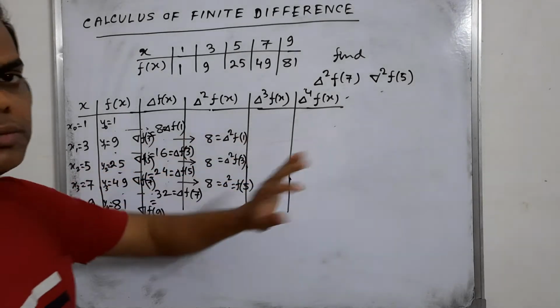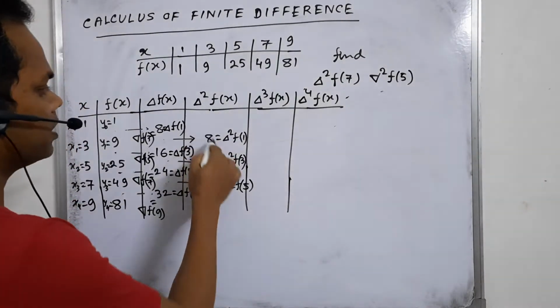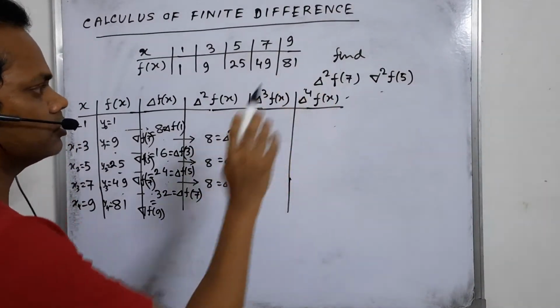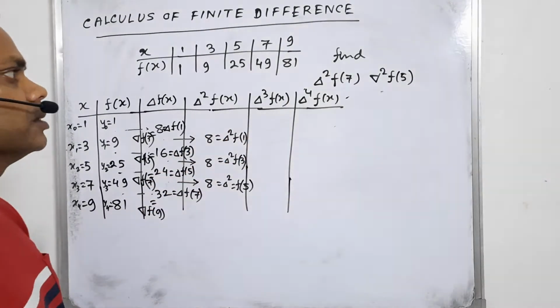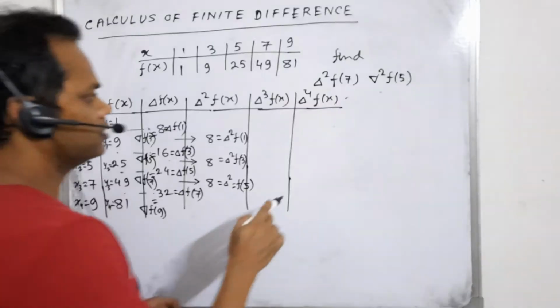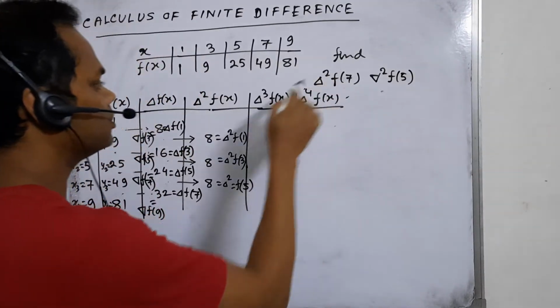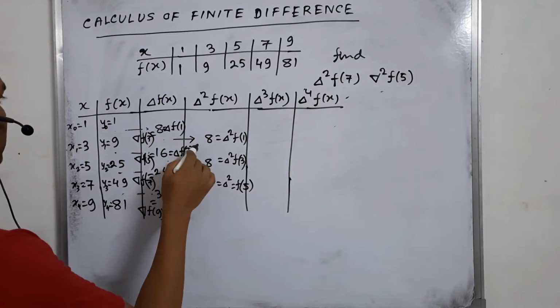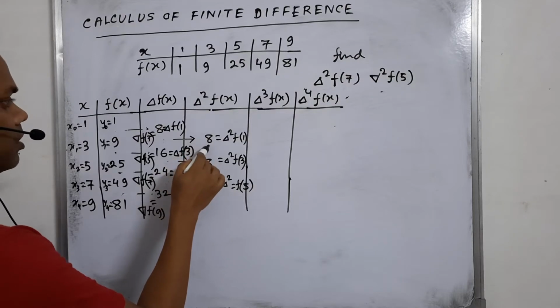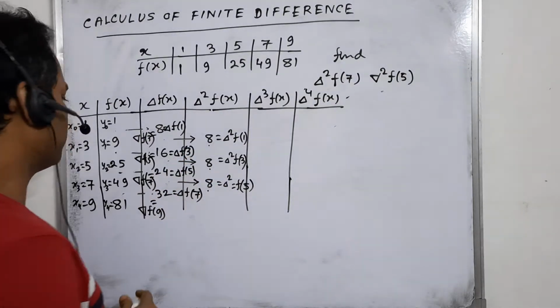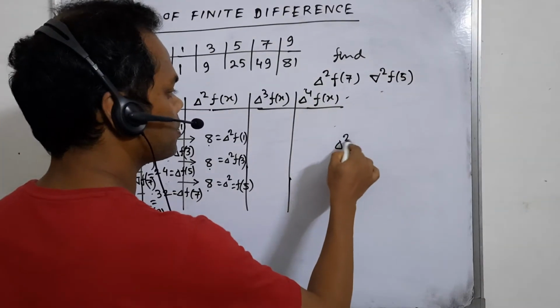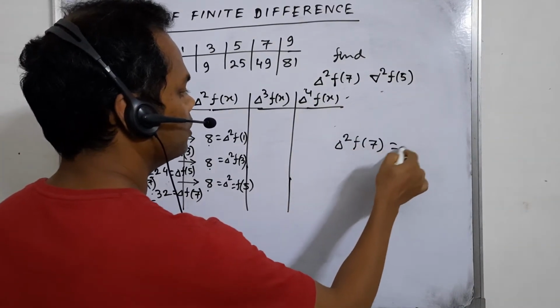And the rest of the terms equal 0, because 8 minus 8 is 0, and the rest of the terms become 0. So whichever value we can't get from the difference table, those values are 0. For example, delta square f7: there is no delta square f7, so delta square f7 is equal to 0.